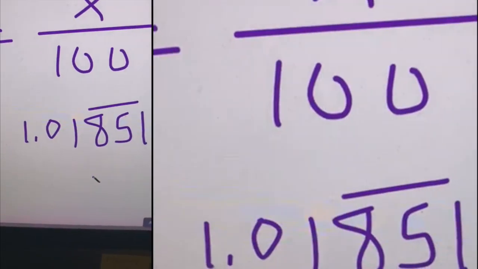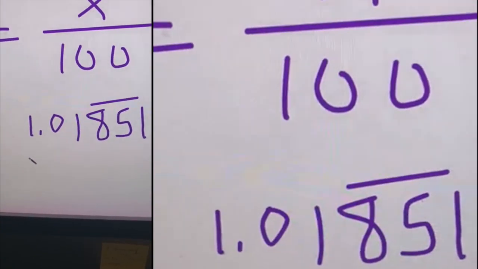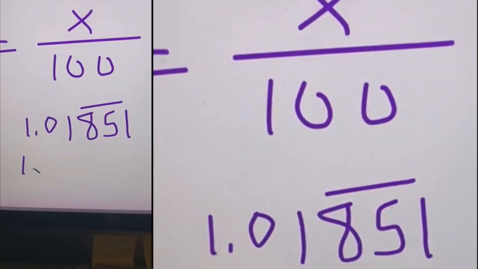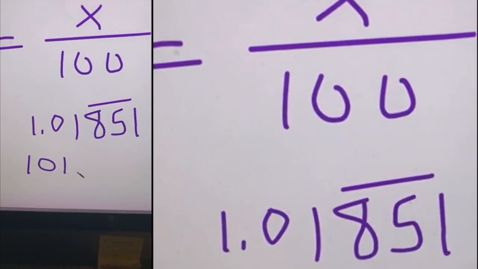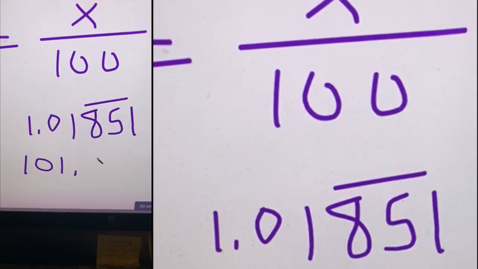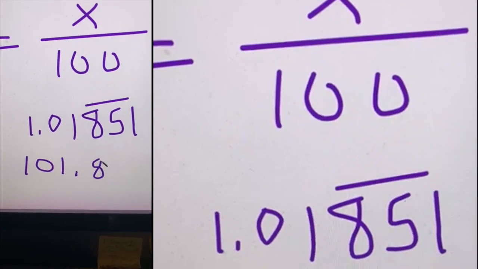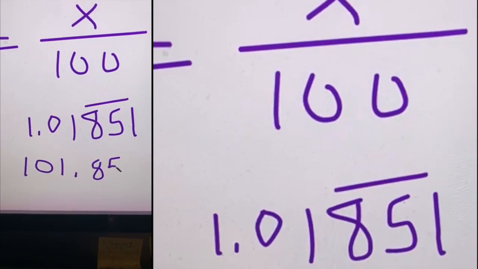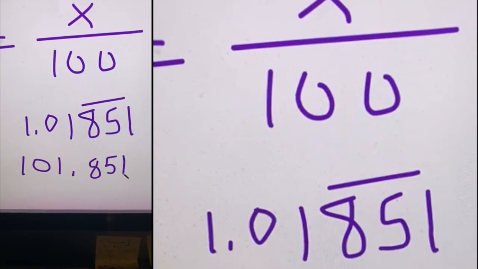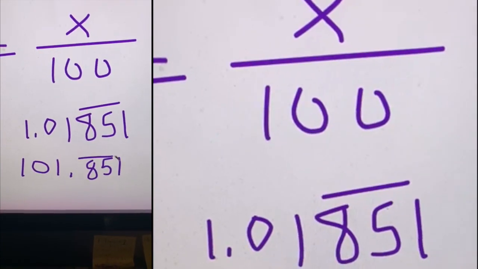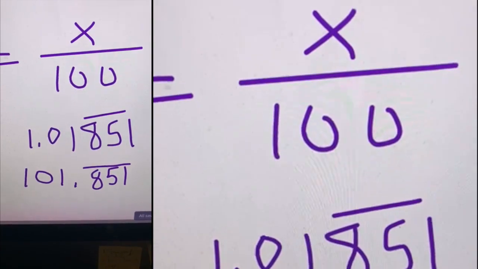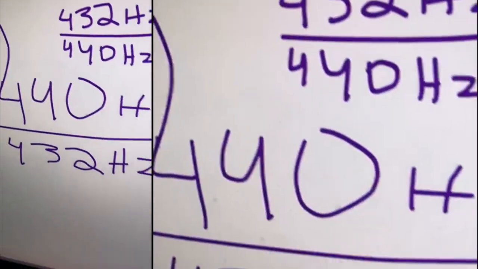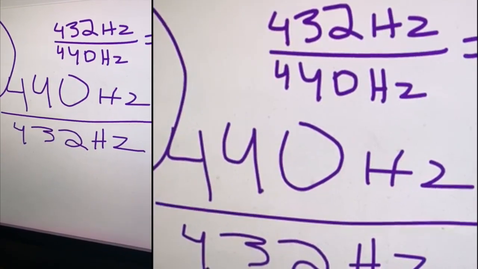And then if you multiply this times 100, you can find what it is percent-wise. So this is 101.851% forever. So these are the magic numbers that you can use on your own and type in to figure out the difference between 440 hertz and 432 hertz, right?